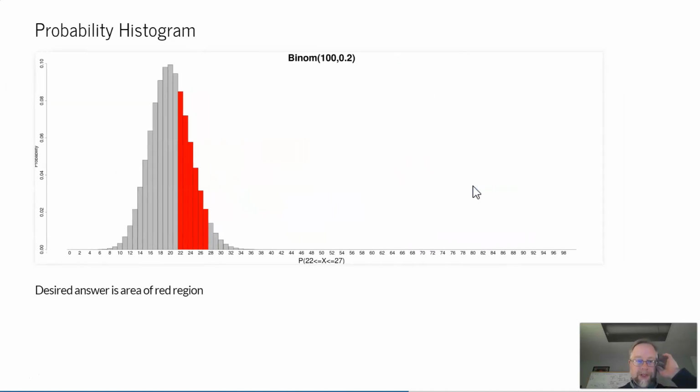So here's a better picture. Here you can see the bars in red going from 22 to 27. I'm going to switch back to a red pen because that actually seems to be more efficient. 22 to 27. The area in red is my desired answer.